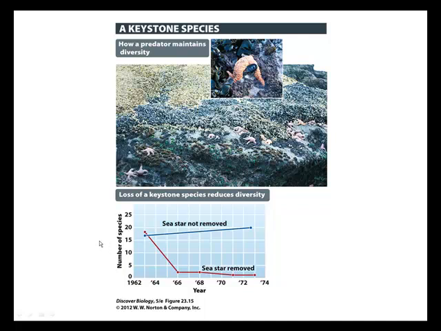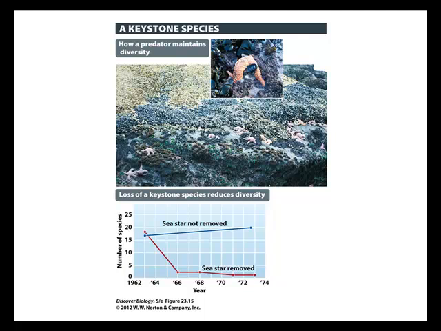What was found is that over time, when the sea star was removed, an indicator of biodiversity, which is species richness, the number of species, decreased. So you're losing biodiversity when your keystone species gets out of whack. And I'll show you another good, realistic example of this when we're in class.